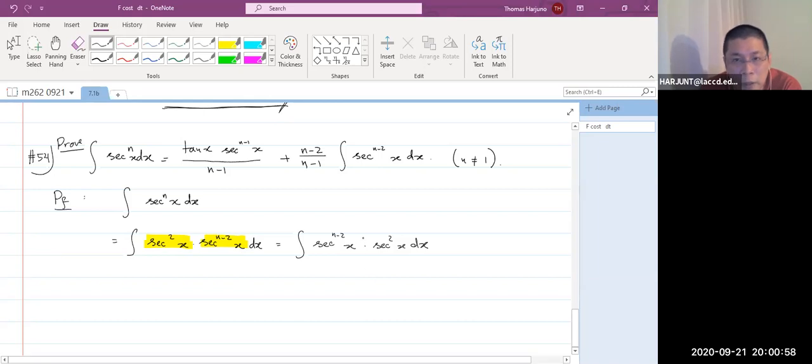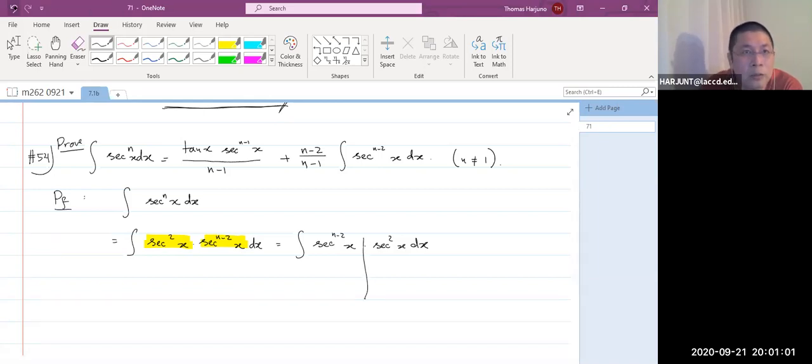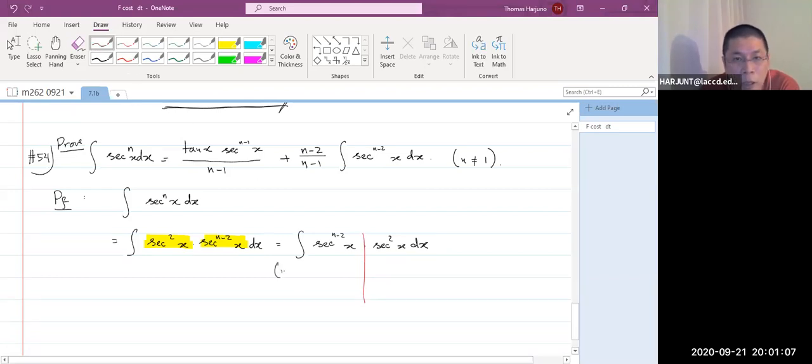Then the derivative of the left-hand side will be n minus 2 times secant to the n minus 3 x times, what is the derivative of secant? Times secant tangent.